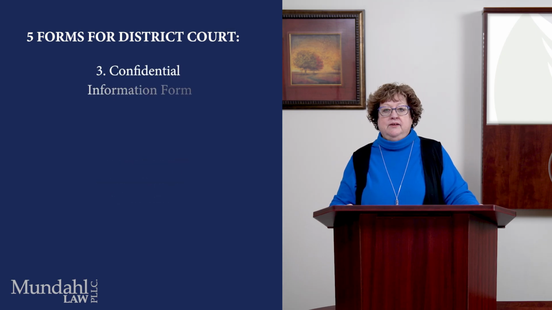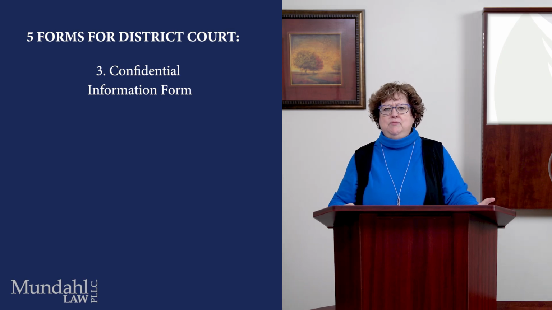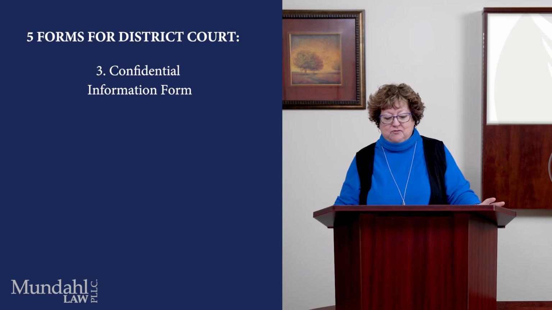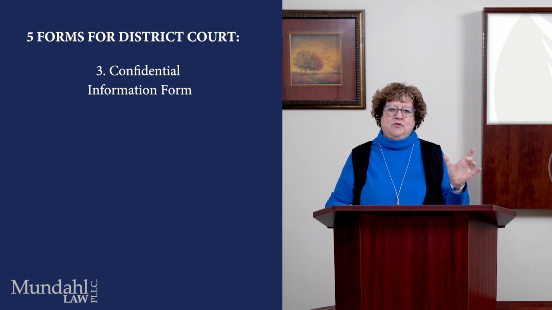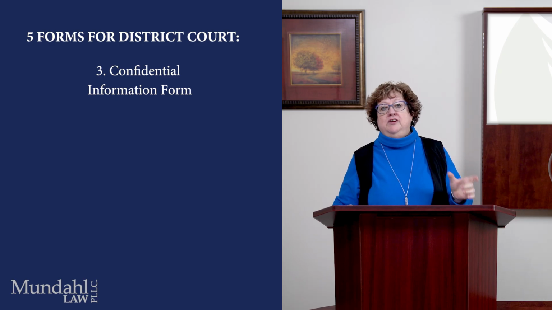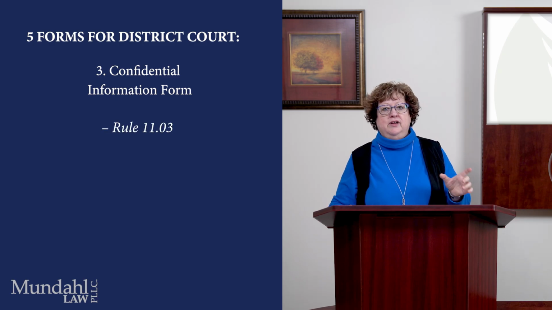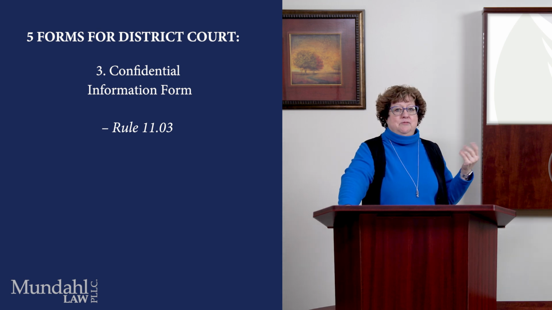Then the next form is the confidential information form. This is controlled by Rule 11.03 of the General Rules of Court. The reason I'm mentioning it is that the confidential information form literally states what the parties' social security numbers are, and someone realized in the last 20 years that perhaps that shouldn't be a public document.